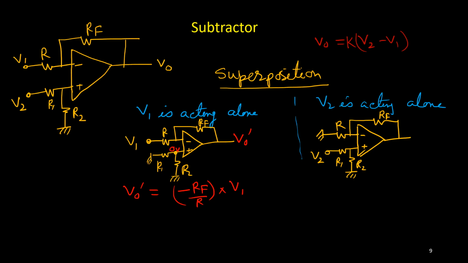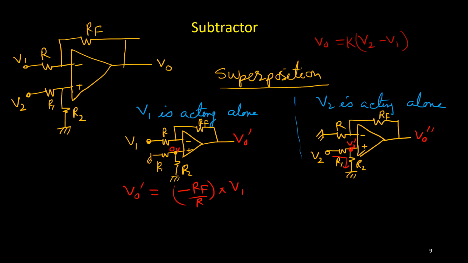We'll call this output V0 double prime. Now, what is the potential at this end? Again, as you have already discussed, the same current will flow this side. So it is a potential divider circuit. So this V2 prime is from the potential divider circuit, right?